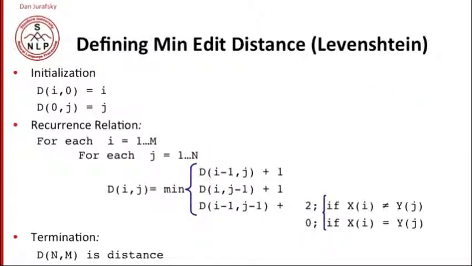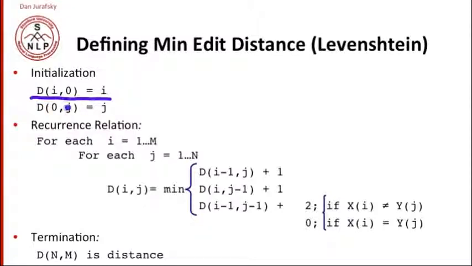Here's the equation for defining minimum edit distance. And I've given you Levenshtein distance, which is the distance when there is a cost of 1 for insertions, 1 for deletions, and 2 for substitutions. So let's look at the initialization condition. For the i characters in the x string, the distance between those and the null string in y is the cost of deleting each of those characters.